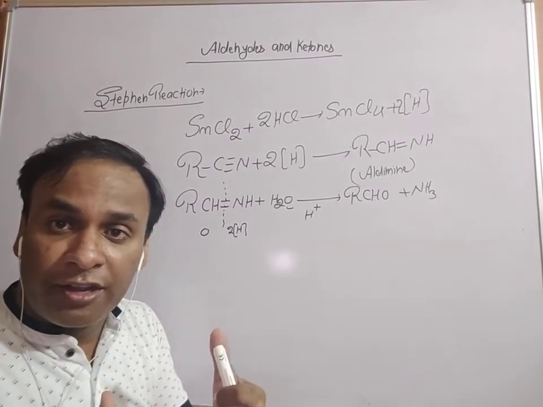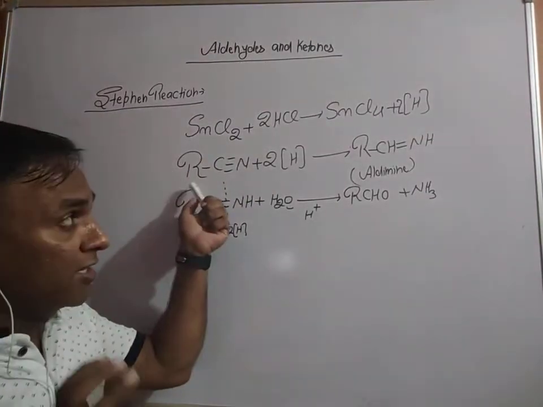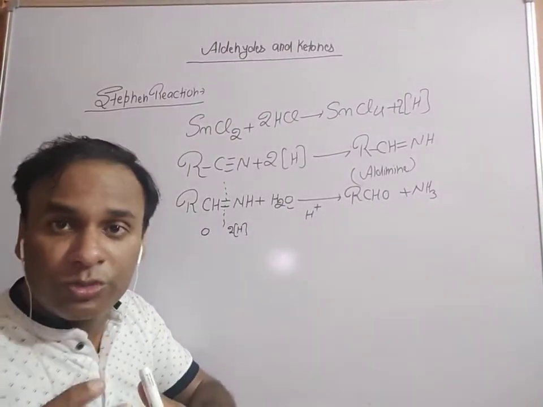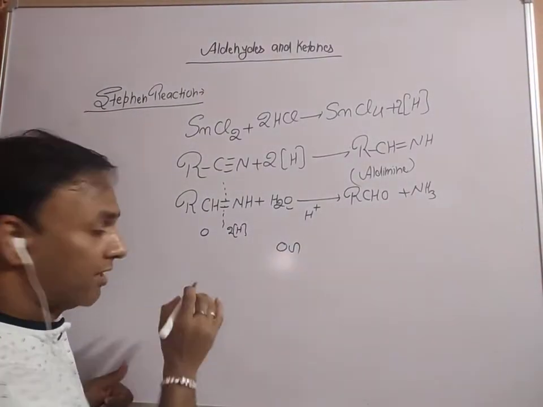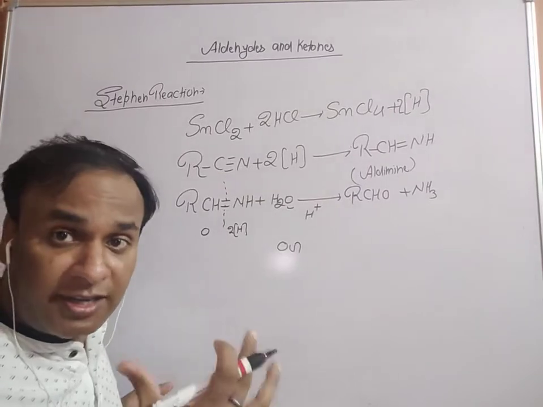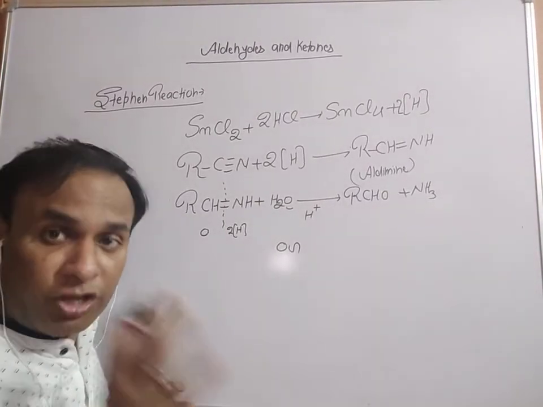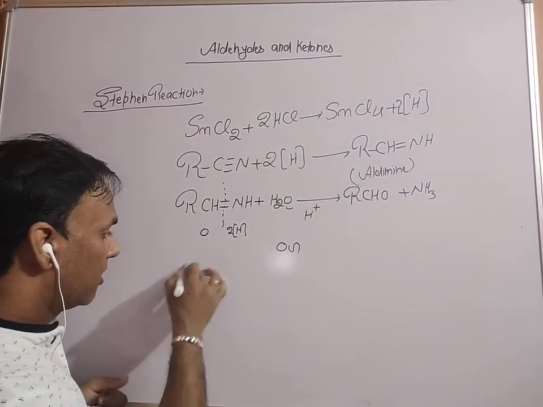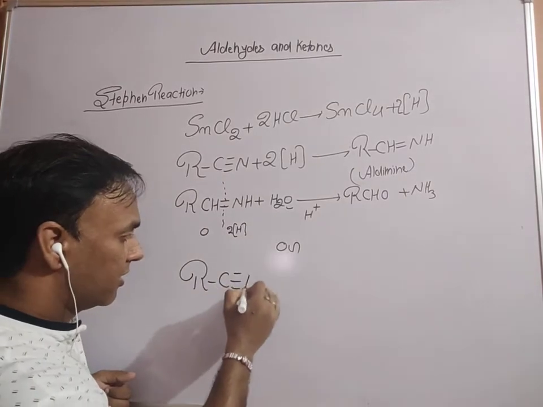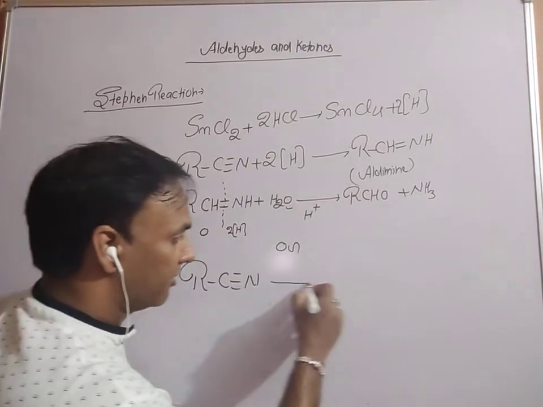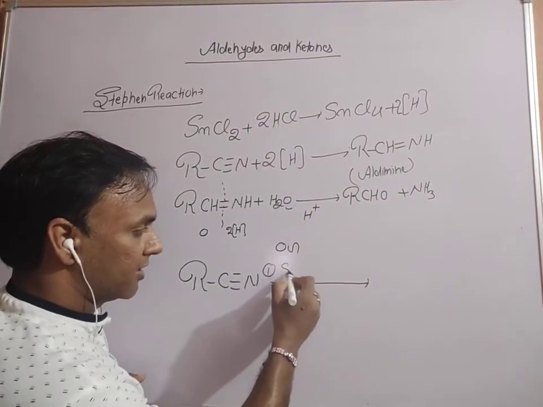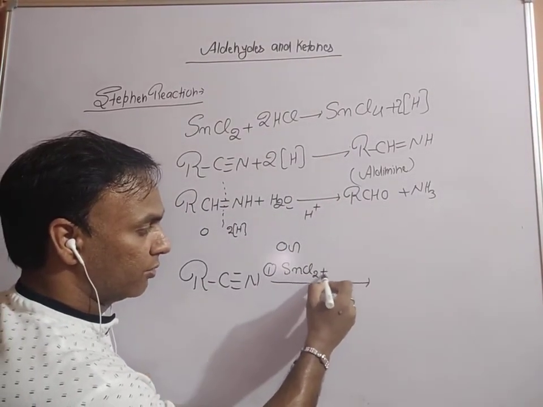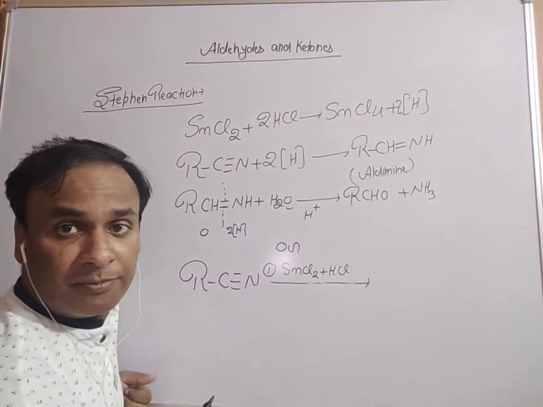While converting alkyl cyanide into aldehyde, we can use it as a direct method. Clear? Or it can be used indirectly in conversion. Alkyl cyanide, now the first reagent is stannous chloride SnCl2 followed by HCl.